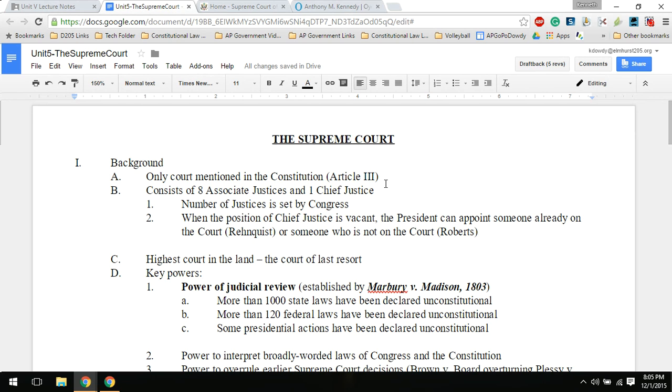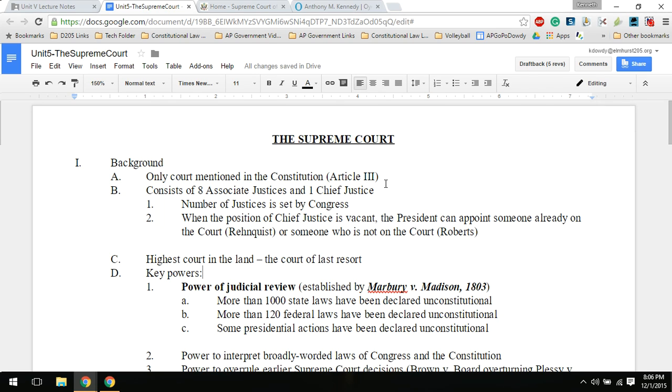And again, I will emphasize this throughout this unit. The Bill of Rights was put into the Constitution to protect minority interests, meaning individuals who may have a view on policy that is very, very unaccepted by the vast majority of Americans. And that, again, is a hallmark of our system.